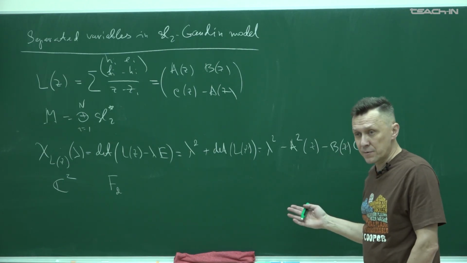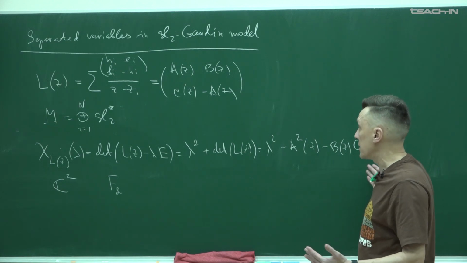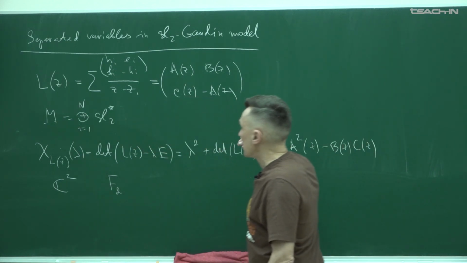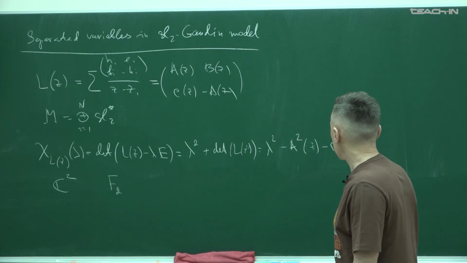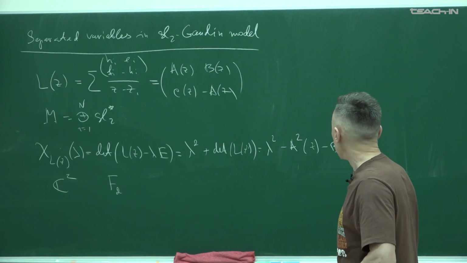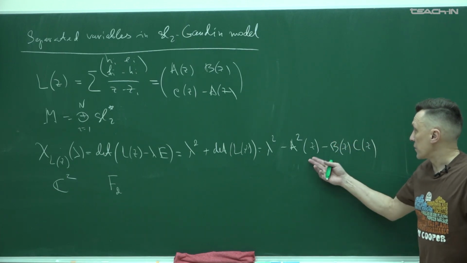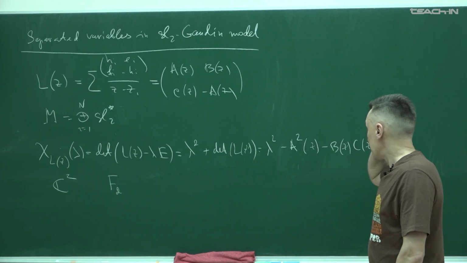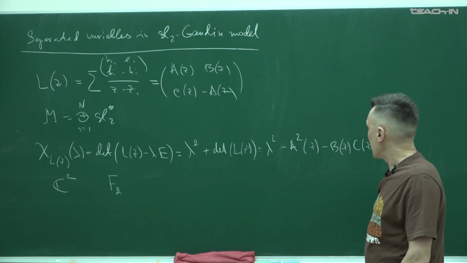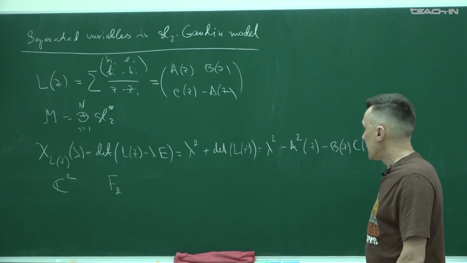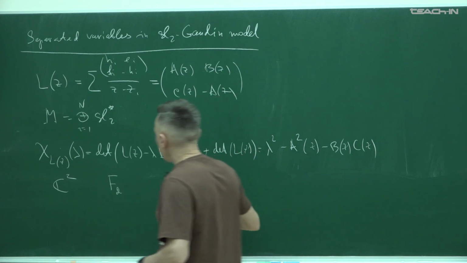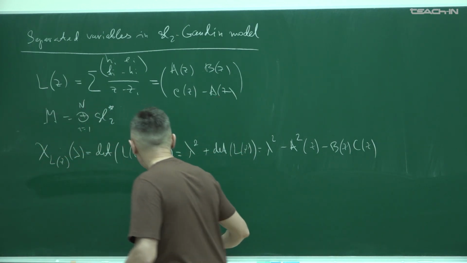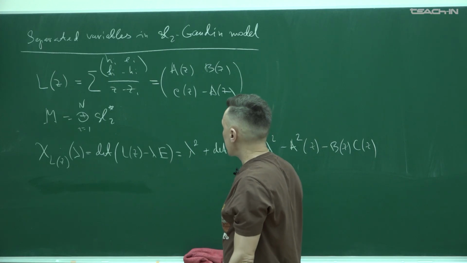It is a hyperelliptic curve of high genus if n is greater than 3. It is not a rational curve, so there is all the stuff of algebraic geometry on this curve, and a significant science of this algebraic geometry is the construction of separated variables.